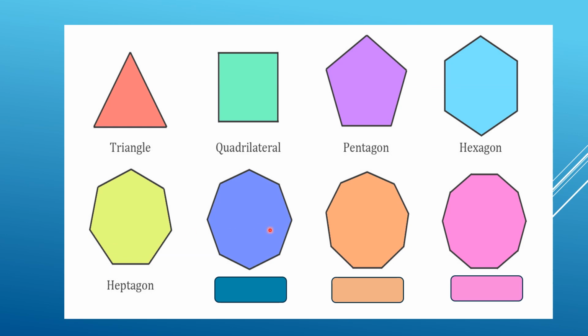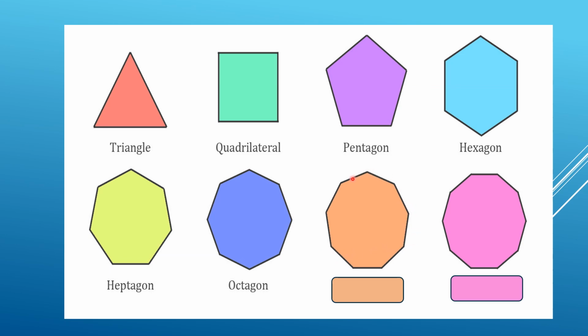This shape now has 8 sides, 8 vertices, and 8 angles. What is the name of this shape? It's an octagon. Again, octagon. Very well.